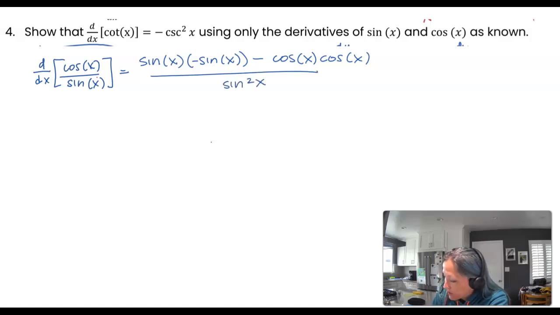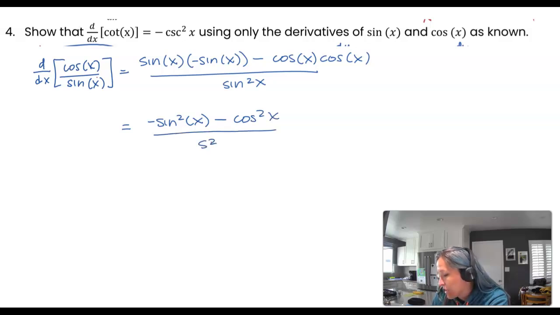Okay, so let's clean this up a little bit. We have negative sine squared of x minus cosine squared of x all over sine squared of x. And so we have two ways that you can really finish this question up. Well, lots of different ways, but what I'm going to do, because it's just the way my brain works, is not split this into two fractions. I saw a lot of students do that, but we can do this.